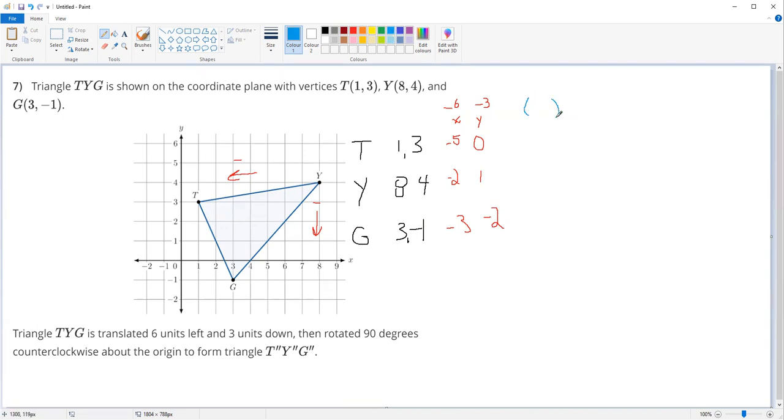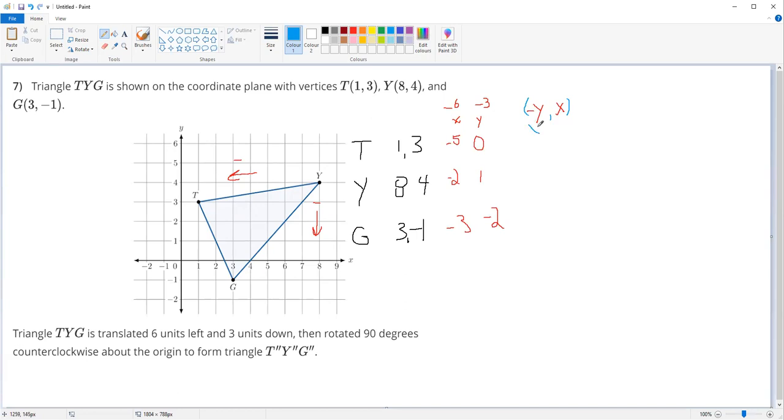Blue coordinates in terms of my x coordinates. Right, so this is rotated 90 degrees counterclockwise. So remember, when they're just 90 degrees, the x's and the y's are going to flop. And when it's counterclockwise, the y changes.